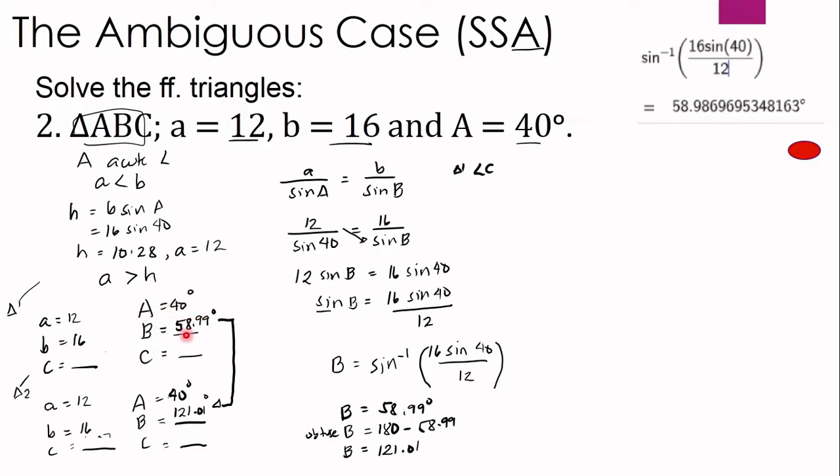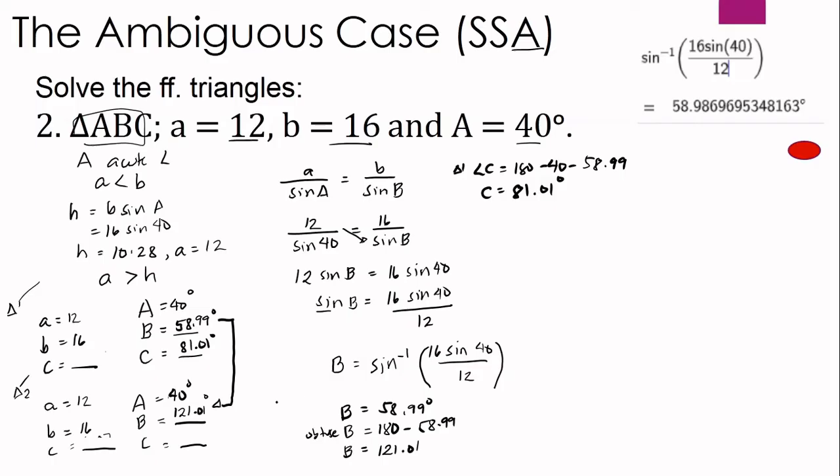So para makuha natin ang angle C, we are just going to subtract from 180 yung ating dalawang given angle, which is angle A, which is 40, at yung angle B sa triangle number 1 is 58.99. And as we subtract it, the answer will become 81.01 degrees. So our angle C sa triangle number 1 is 81.01 degrees.